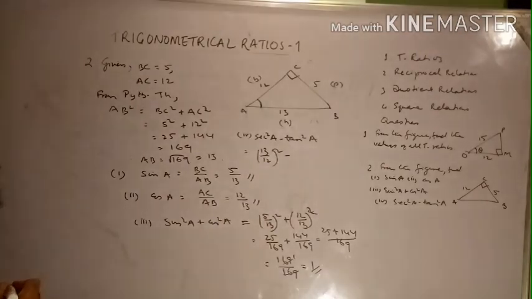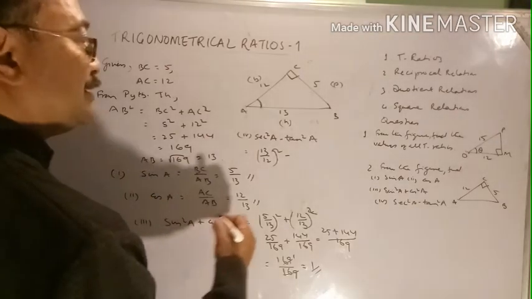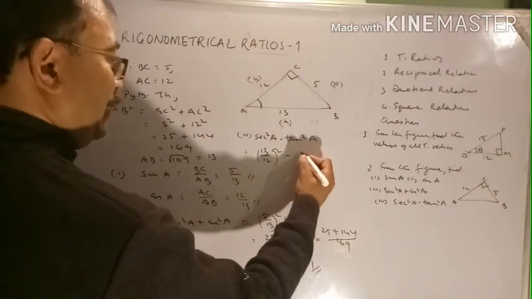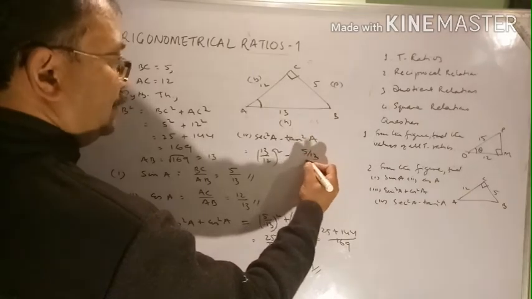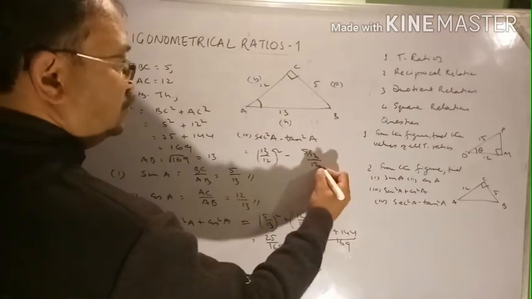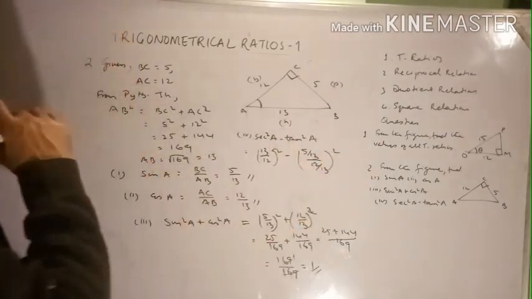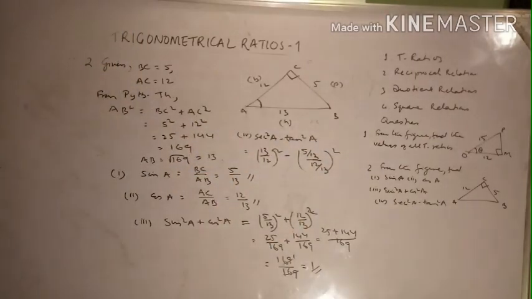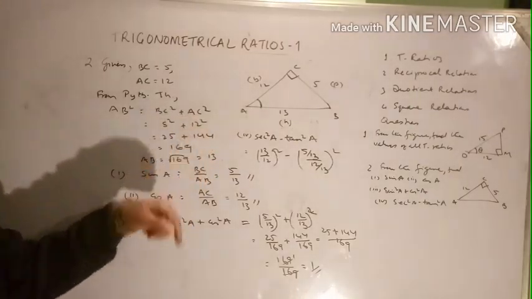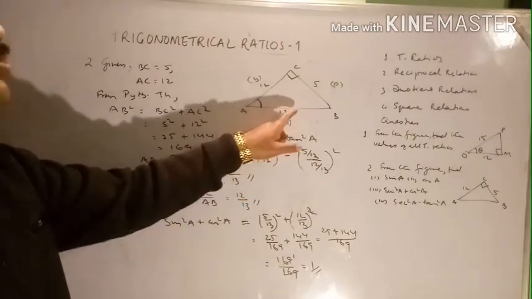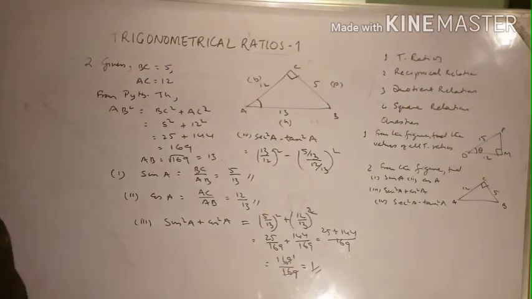Tan A is sin A by cos A, so sin A is 5 by 13 divided by cos A, 12 by 13, and its whole square. Remember, sec is the reciprocal of cos. Cos is B by H, so sec is H by B. So 13 by 12.